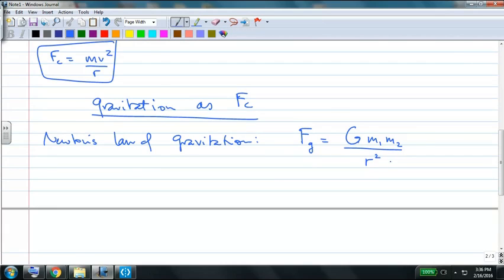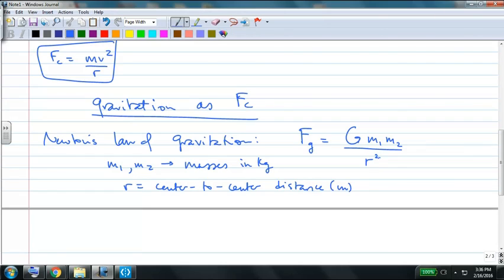I'm going to use r squared. Okay, so m1 and m2, those are the masses of the two objects that we're talking about, and that's in kilograms. r is just the center-to-center distance between them. And the reason that's a big deal is because we're talking about planets and suns. And so whether you're talking about their center or their surface, that really makes a difference. So center-to-center distance, that's in meters.